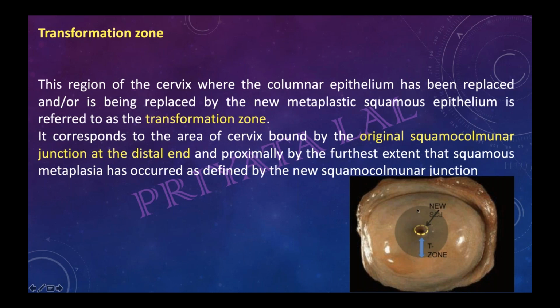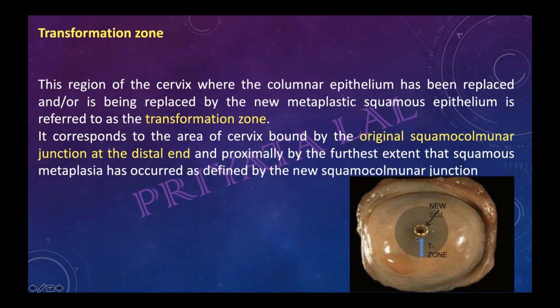This outer line represents the older squamocolumnar junction, and as metaplasia keeps on happening, there will be formation of a new squamocolumnar junction also. This is the active area where all the activity is happening. The area between the new squamocolumnar junction and the old squamocolumnar junction is the transformation zone.